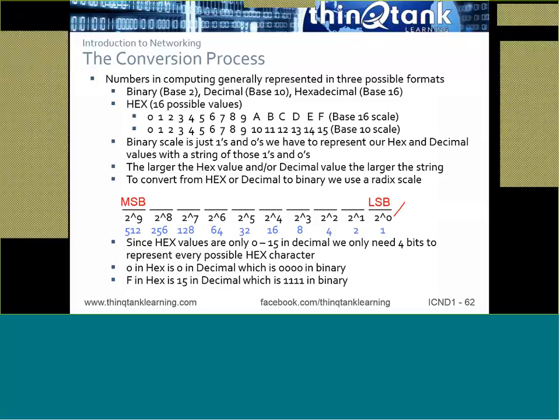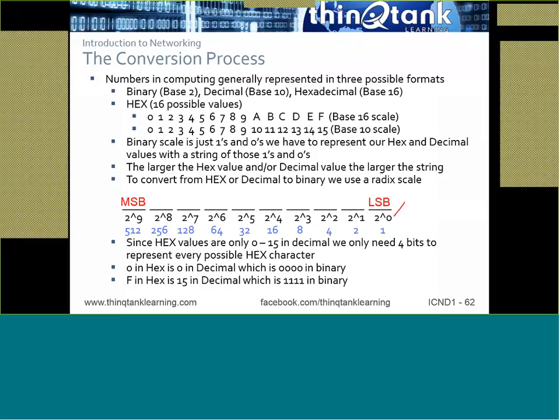You guys understand this concept that the larger numbers you're trying to represent require more bits. Because how do I write the binary equivalent to a large decimal number? I turn on the columns that add up to that number.